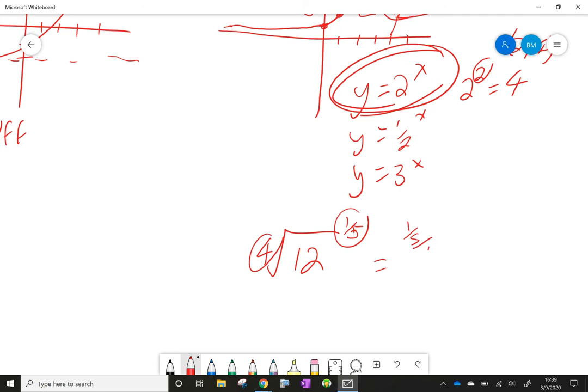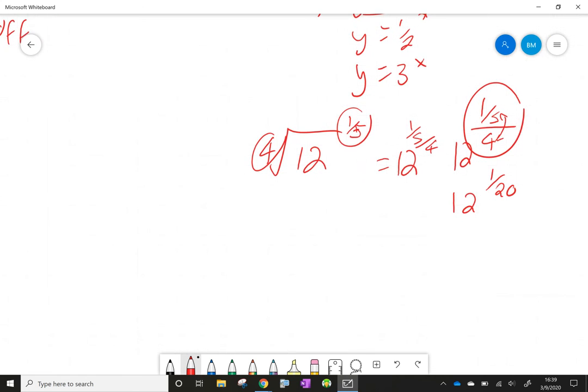This would still be the denominator for 12. It'd be 12 to the 1/5 power over 4. It looks weird being a double fraction, but essentially it's 1/5 over 4, like 12 to that power. Now, all you have to do in this case is multiply these denominators. Essentially, it's the same as 12 to the 1 over 20th power, right?